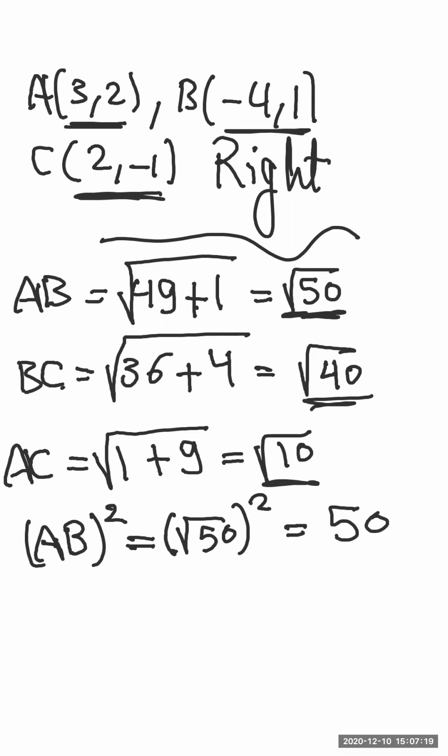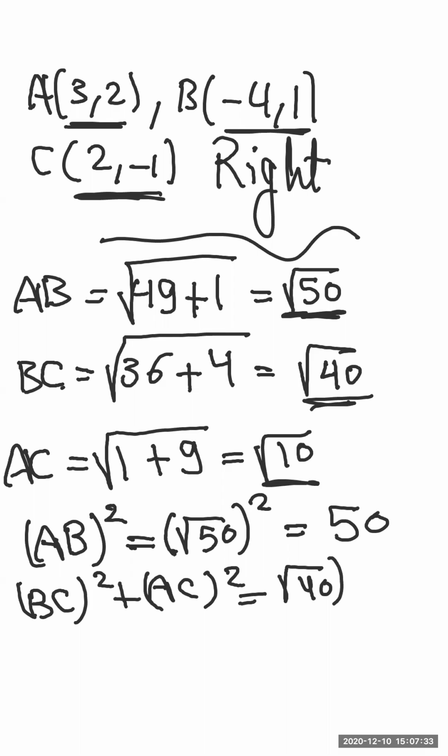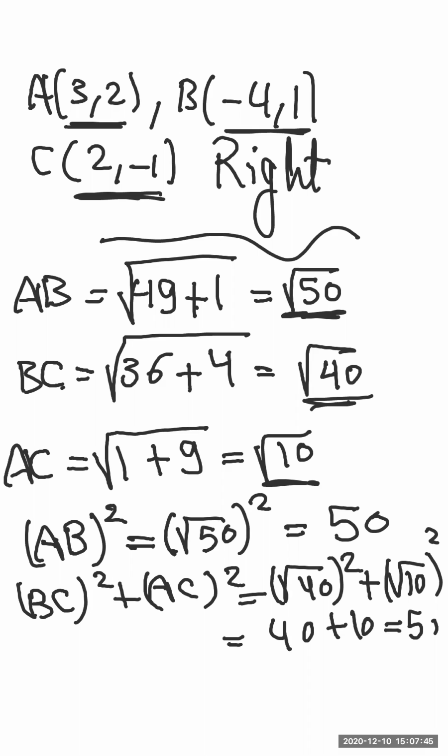So BC squared plus AC squared will equal, BC here is square root of 40 squared plus square root of 10 squared. So this means it will equal 40 plus 10. So it will equal 50. Okay, so now AB squared equals BC squared plus AC squared. So this one is a right angled.